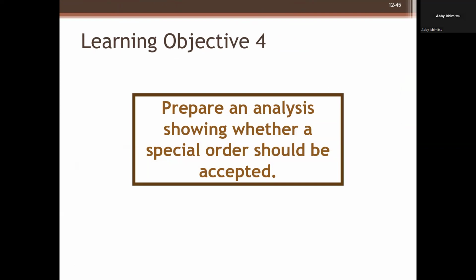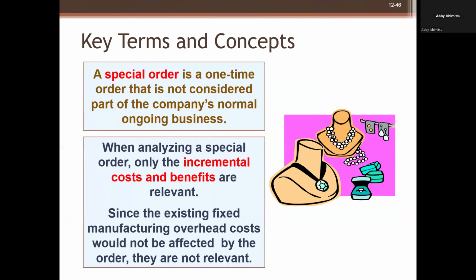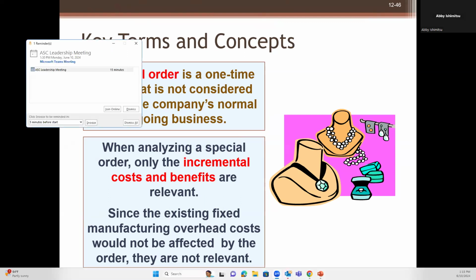Okay. Next one is special order. And the question is, if you have a customer who says, I want to do a one-time buy, I'm not a repeat customer, I know you have extra capacity. How about you sell me 3,000 of those, but instead of selling them to me for $10, sell them to me for $5, and we'll both make a little money. Okay.